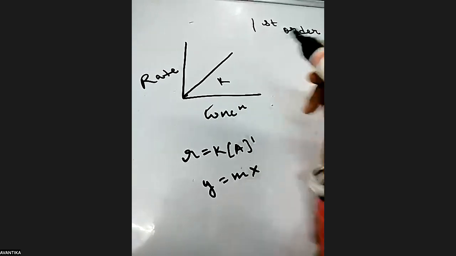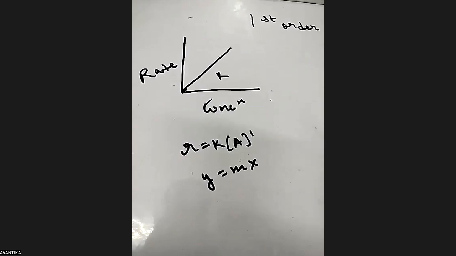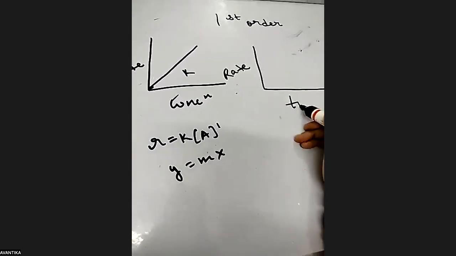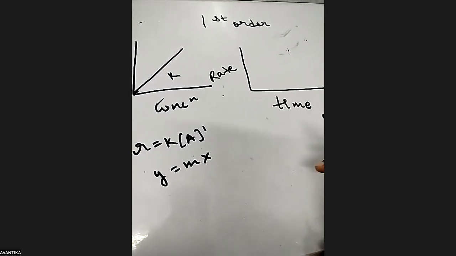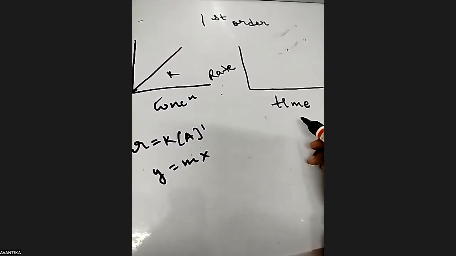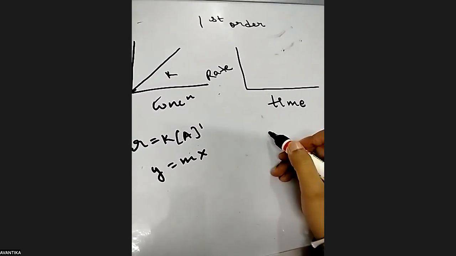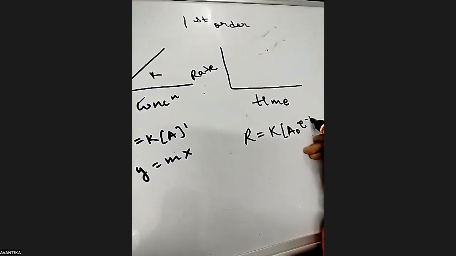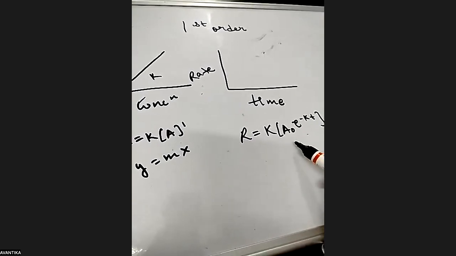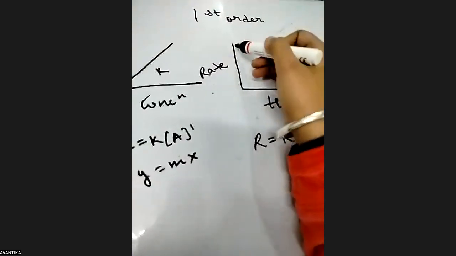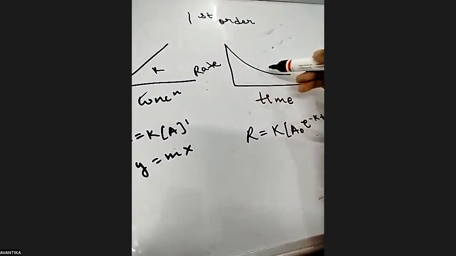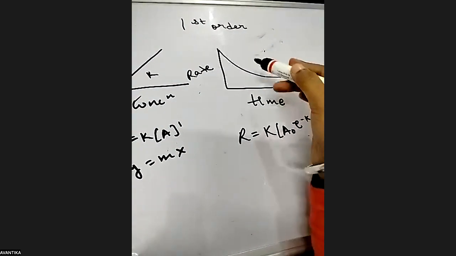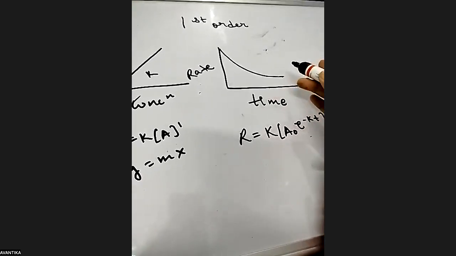And if we have to draw the graph between rate and time, from the exponential expression of first order reaction, that is rate is equal to K A naught e raised to the power minus kt, the graph between rate and time comes as an exponentially decreasing graph, and this graph will not meet the x-axis. So this reaction will not complete.